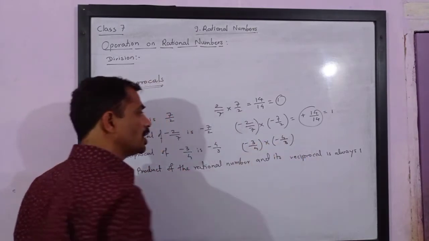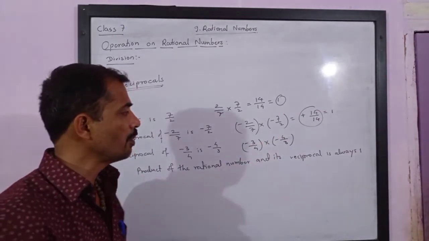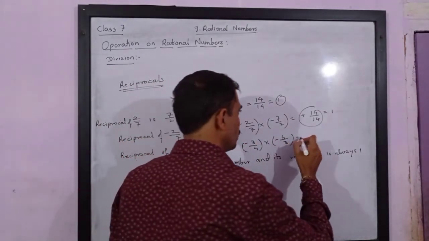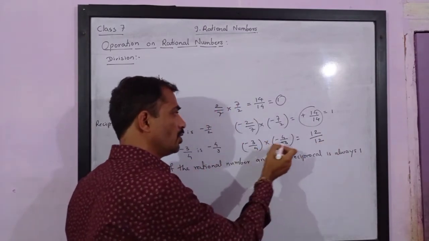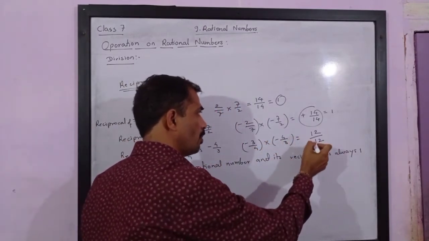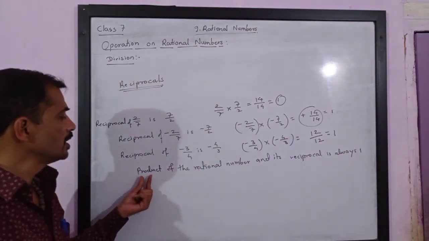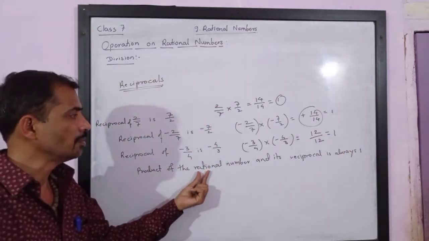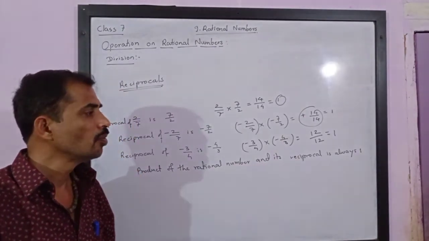We multiply numerator to the numerator and denominator to the denominator. So 3 4s are 12 and 4 3s are also 12. Negative into negative becomes positive. 12 upon 12 is nothing but 1. So we have written the sentence, product of the rational number and its reciprocal is always 1.